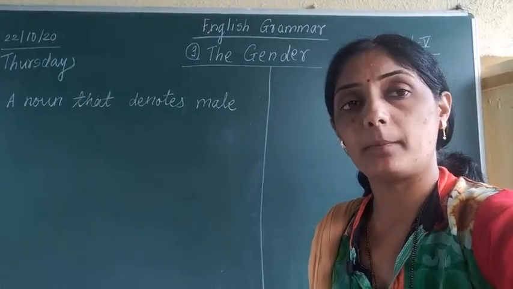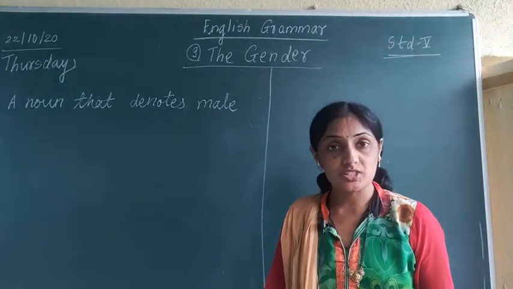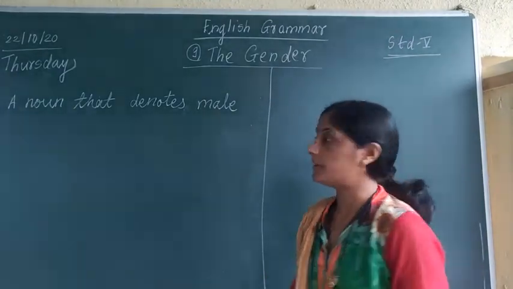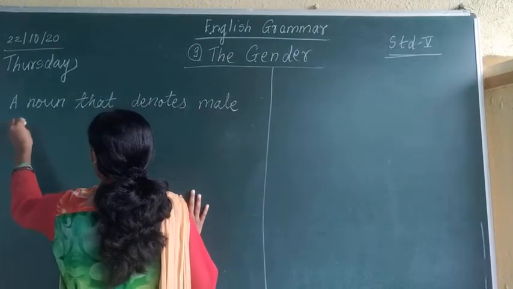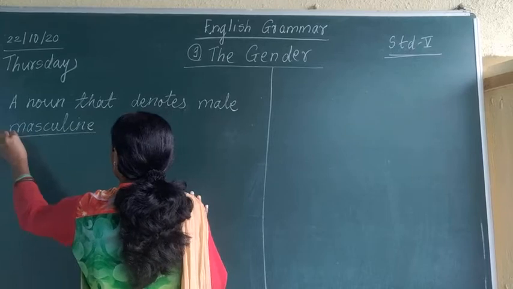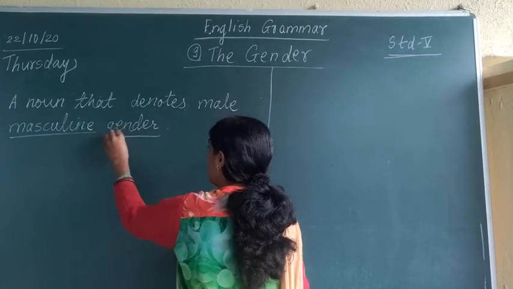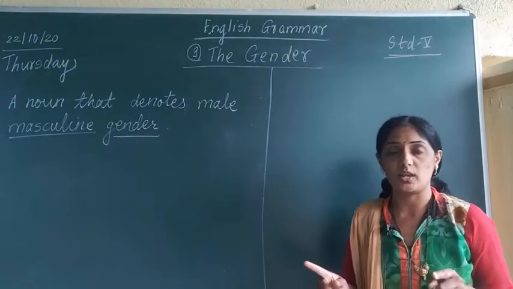The noun that denotes male is called which gender? It is called masculine gender. The noun which denotes male is known as masculine gender.